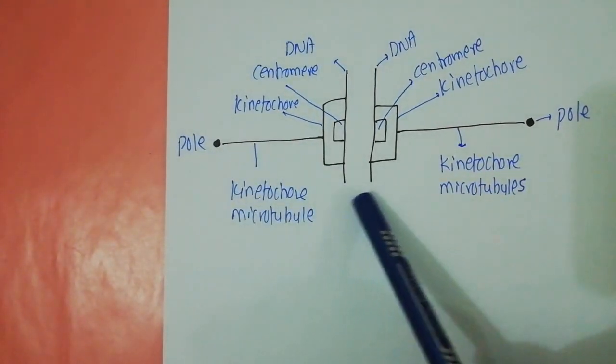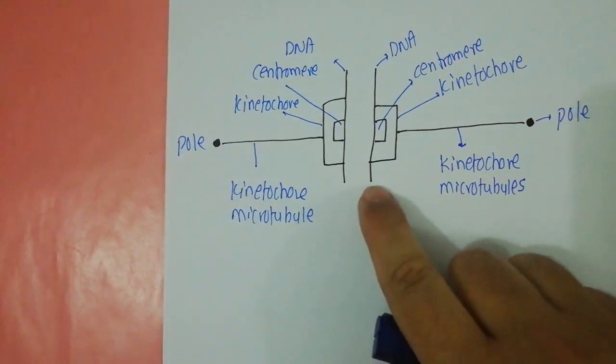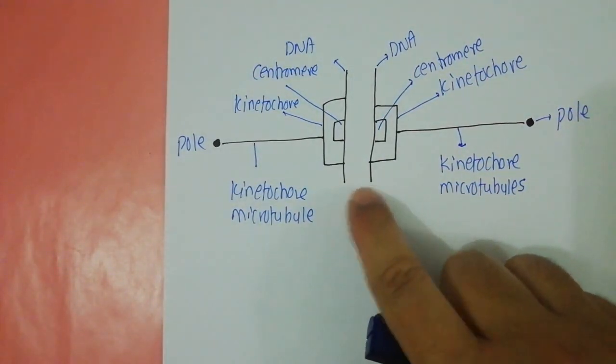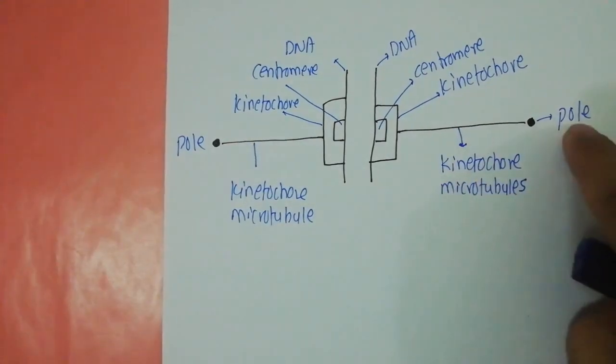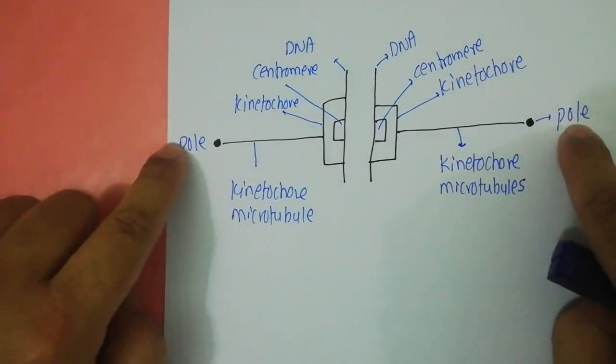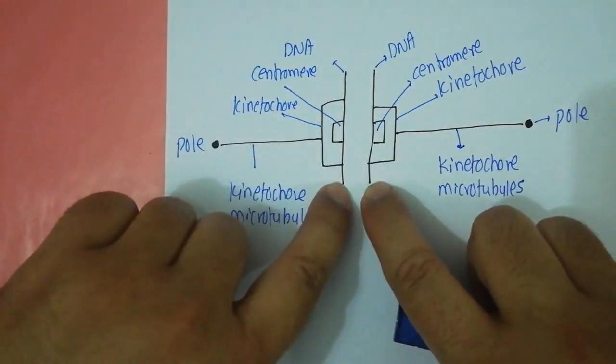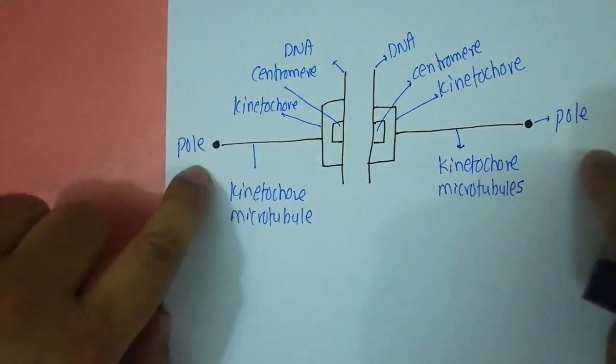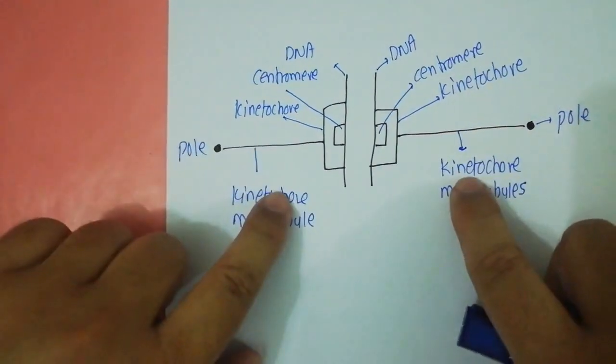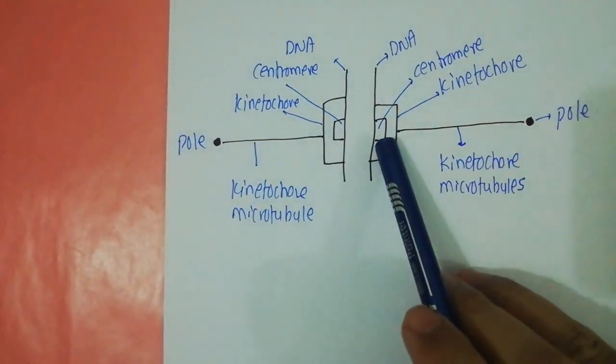So if you look at this diagram, these two DNA molecules are attached to the opposite poles, to the kinetochore microtubules that are originating from the opposite poles, and these kinetochore microtubules can actually separate these two DNA molecules into the two daughter cells. So all of this is happening because of the presence of the centromere.